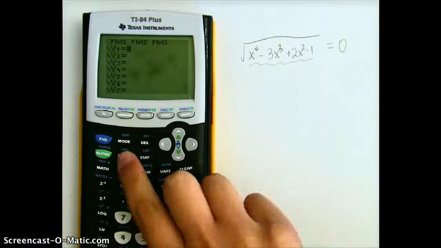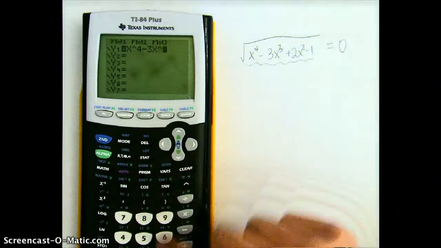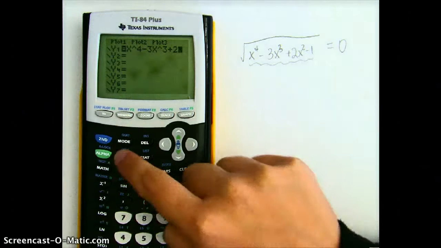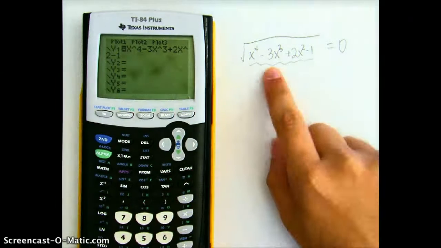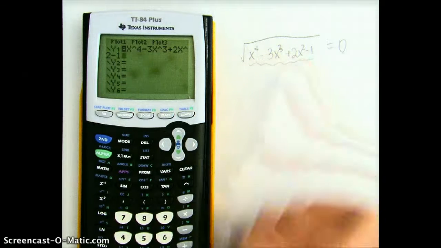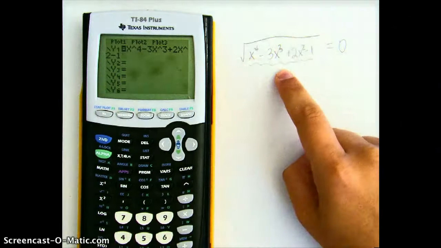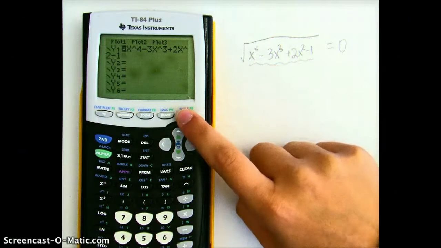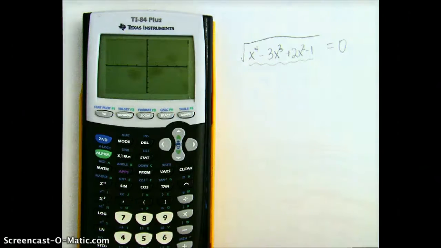So I'm going to graph the equation x to the fourth power minus 3x to the third plus 2x to the second minus 1. And so this equation will have the same exact zeros that the square root of it will have. Because if I'm taking the square root, I'm looking for when what's inside is equal to 0. So I'm going to hit graph, and remember it'll save that same viewing window that I had before.